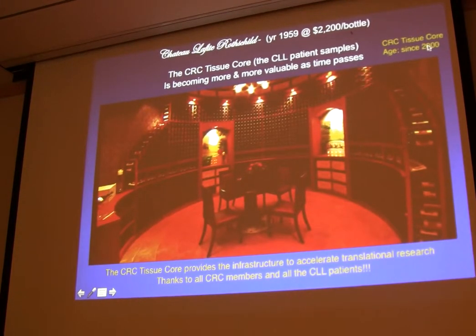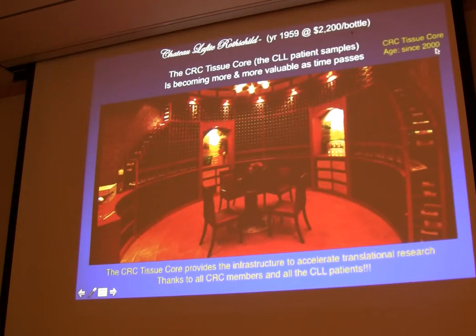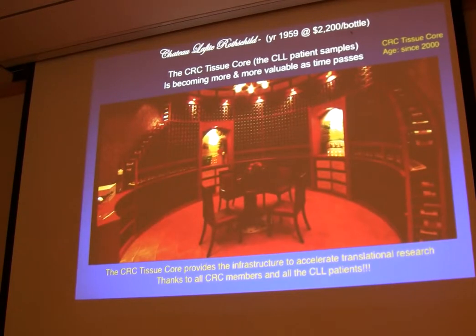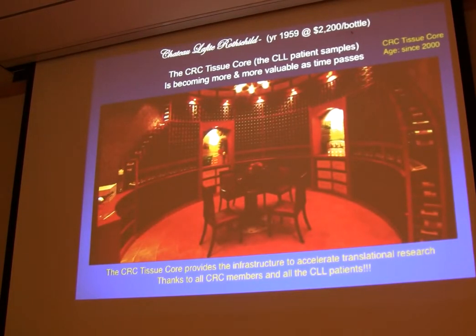I've been doing this since 2000, so some of these vials have been sitting in our repository for 13 years, and we can go back and study longitudinally or redo the same vial with a different technique and maybe understand the biology of this disease even better as technology advances. So I thought that was kind of neat.